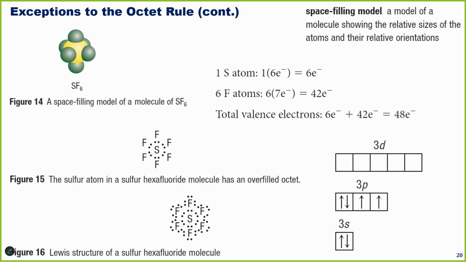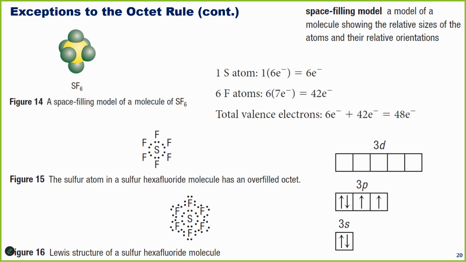Some atoms can exceed the octet rule or have an overfilled octet, as we said before. These atoms use nearby vacant d orbitals to exceed their octet. Therefore, you do not observe this behavior for elements in periods 1 or 2 of the periodic table.